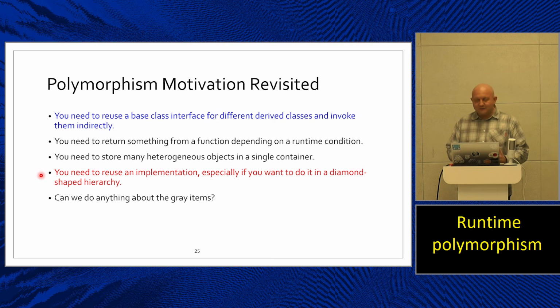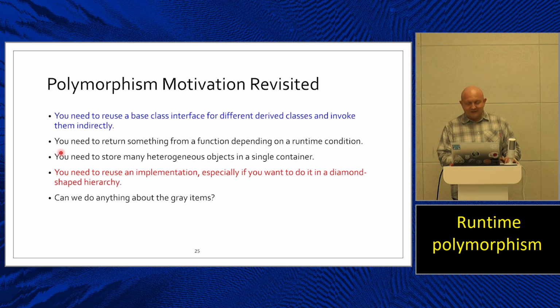And now look carefully. The first and the fourth items are a bit suspicious. Reusing an interface often looks like a task for CRTP. Reusing implementation often looks like mixins. In both cases, we might not actually need virtual functions at all.